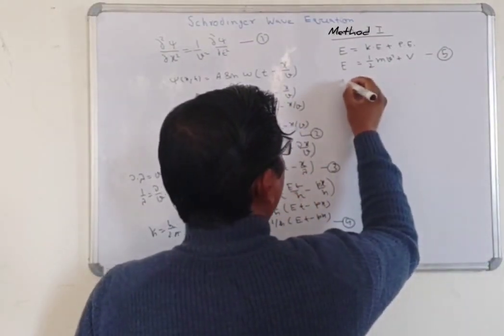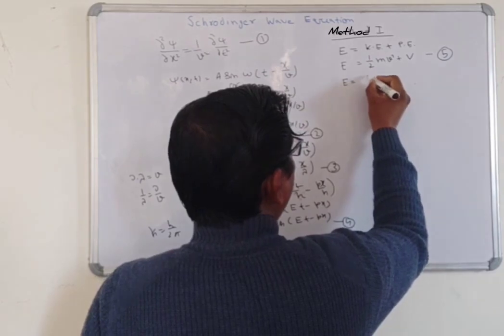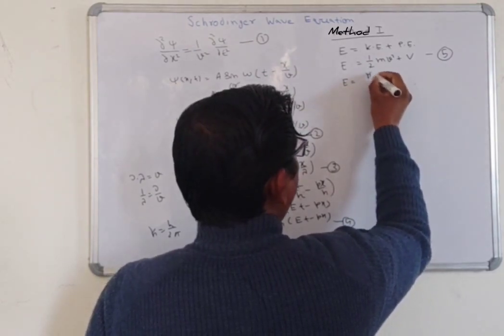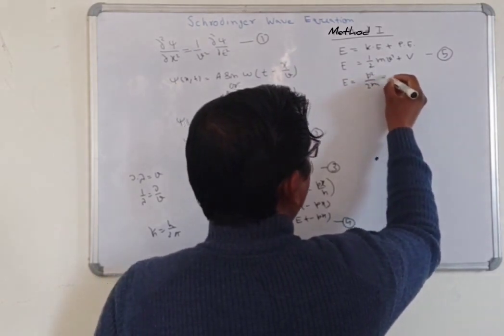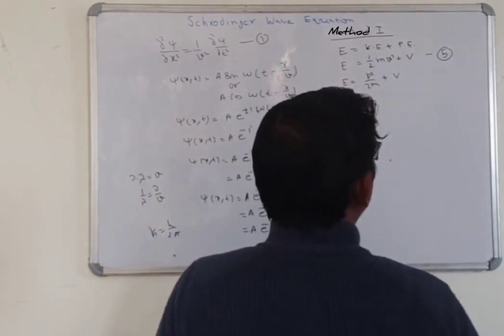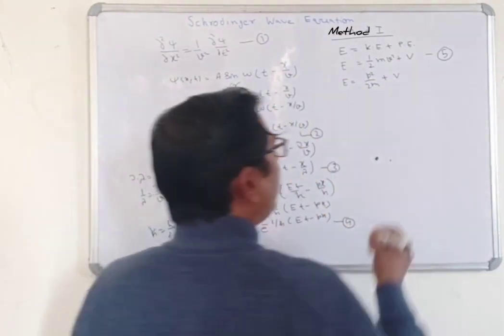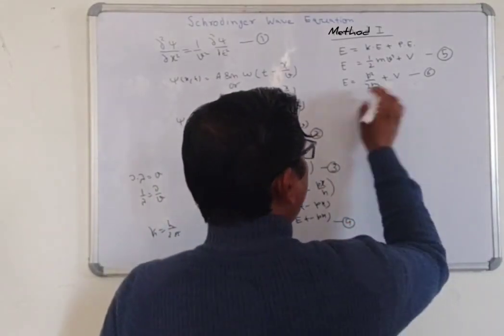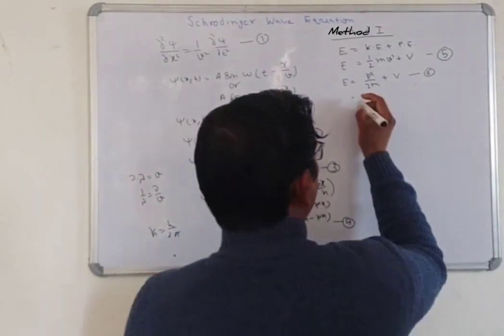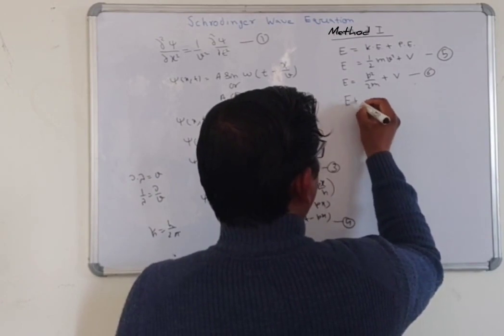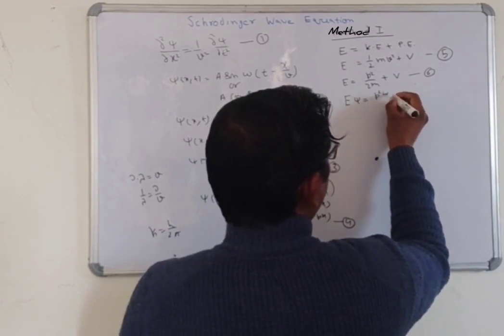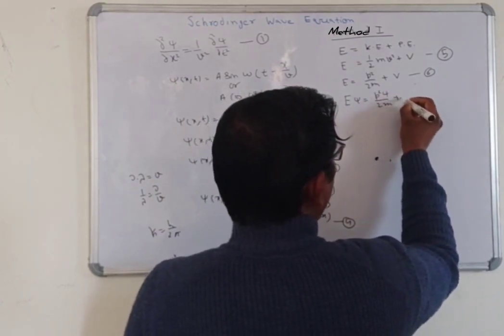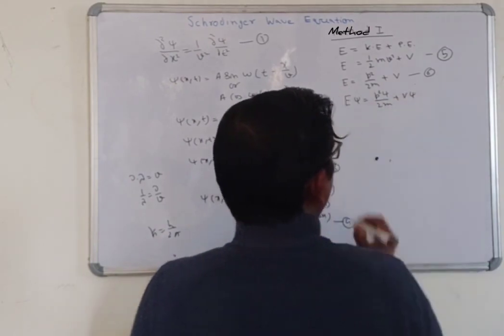Now we can write equation 5 like that: E is equal to p square by 2m plus V, where p is the momentum of the particle. Now we will multiply both sides by the wave function psi. We can write E psi is equal to p square psi by 2m plus V psi.